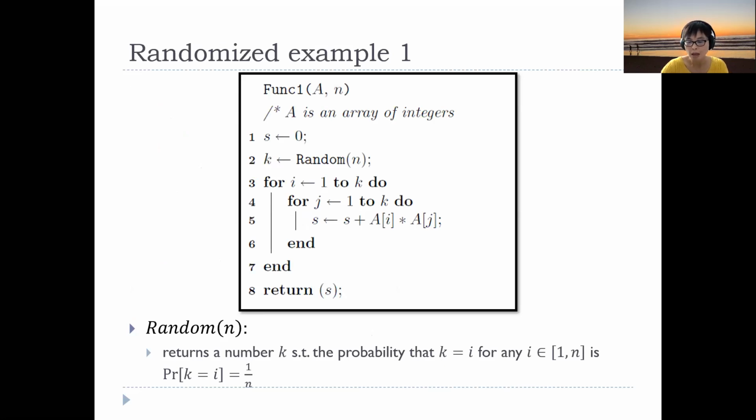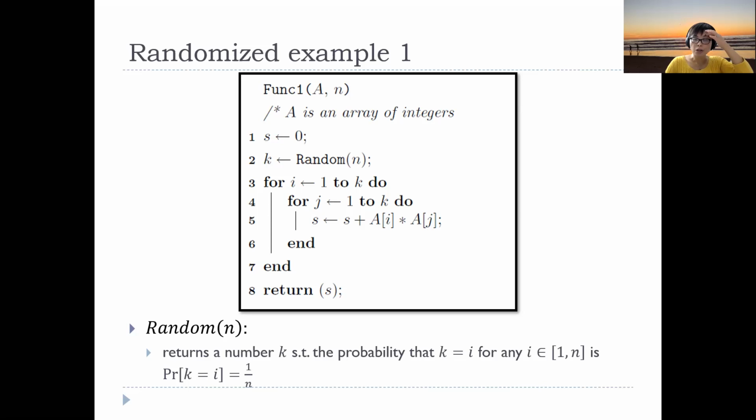What I want to do now is give you a couple of examples. Again, I'm using more artificial examples, but later in this class, when we talk about sorting and select, we're going to show a real randomized algorithm, as well as the intuition behind it and why it helps.